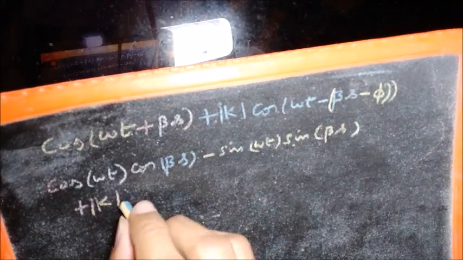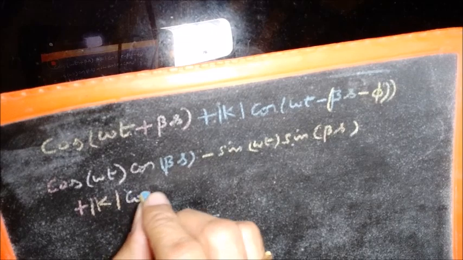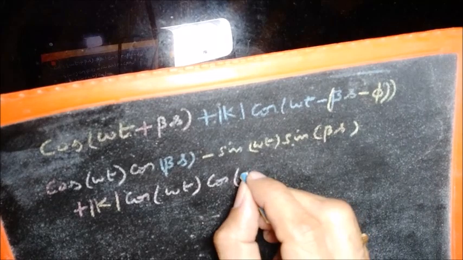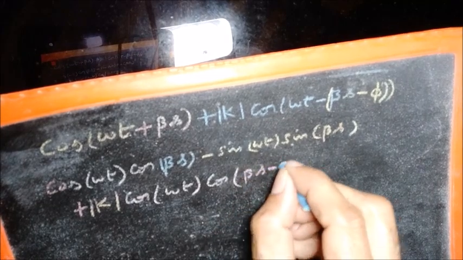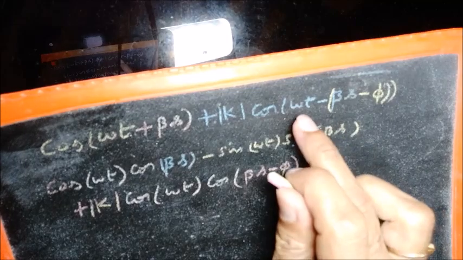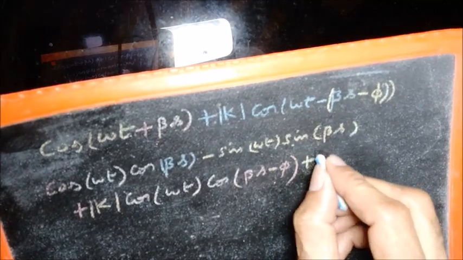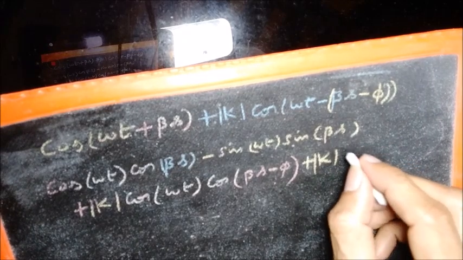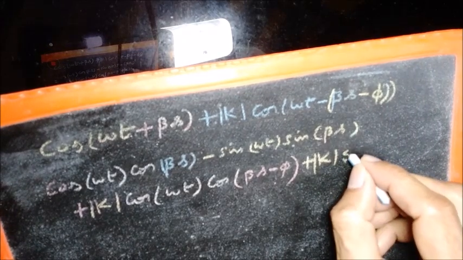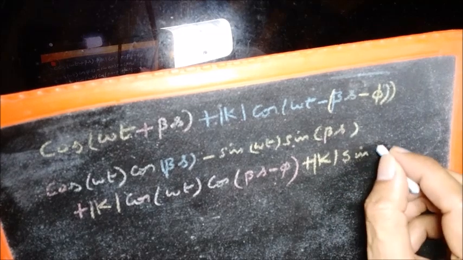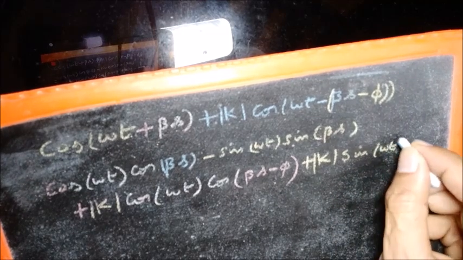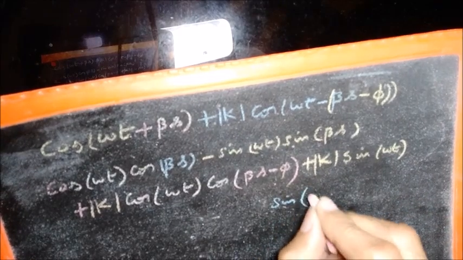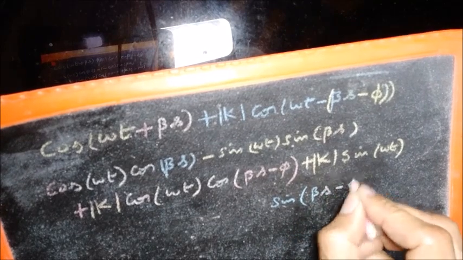So using cos A minus B, I can expand this as cos omega t cos of beta s minus phi, and since it is cos A minus B, I will get plus magnitude of k sin omega t sin of beta s minus phi.